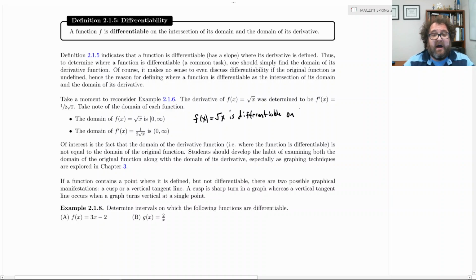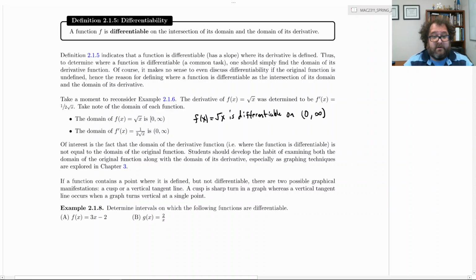So what do they have in common? Well, the only number they don't have in common is the value 0. So we exclude x equals 0, and f of x is differentiable on 0 to infinity. It's the intersection of those two sets.